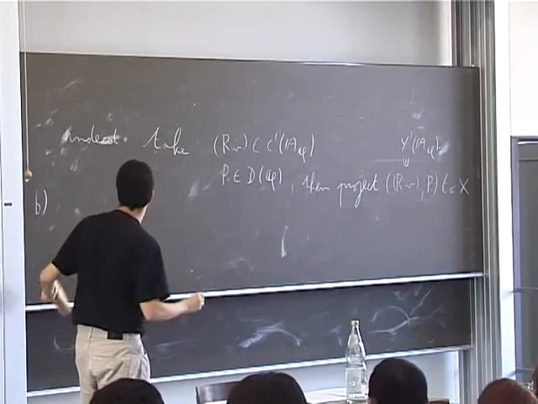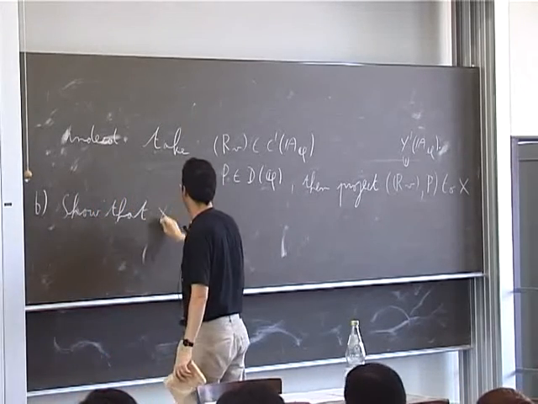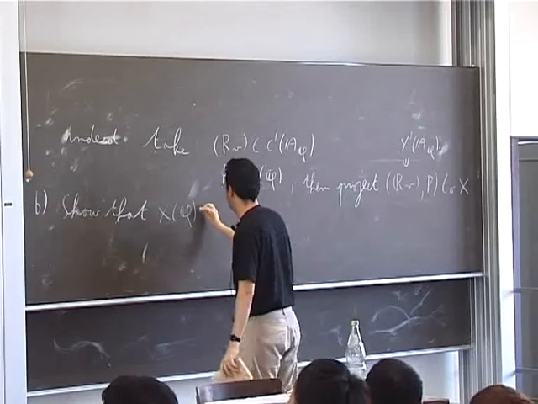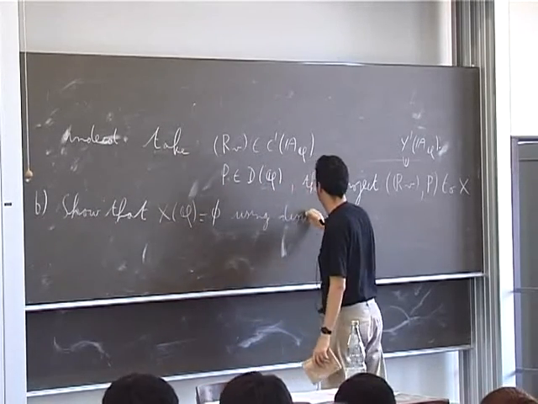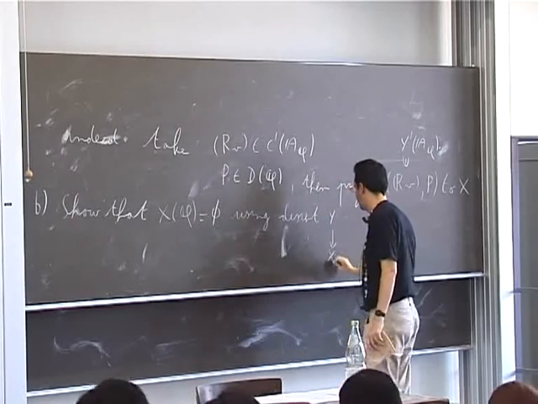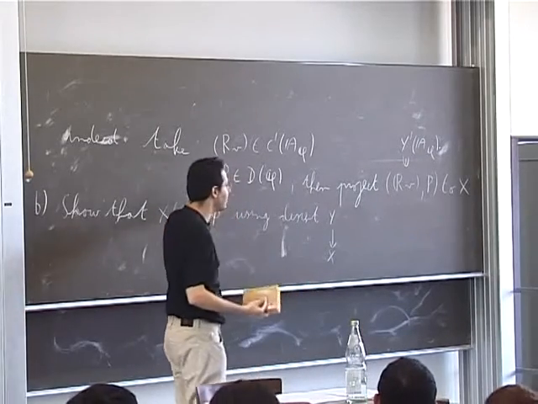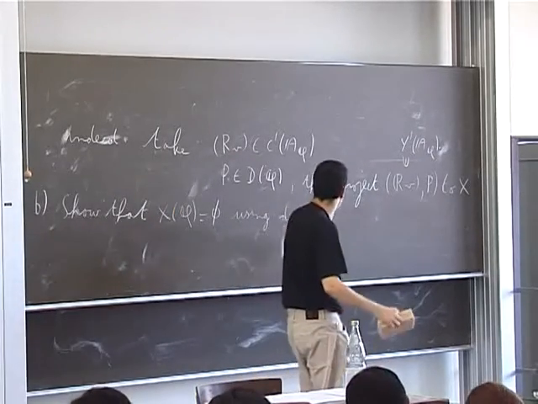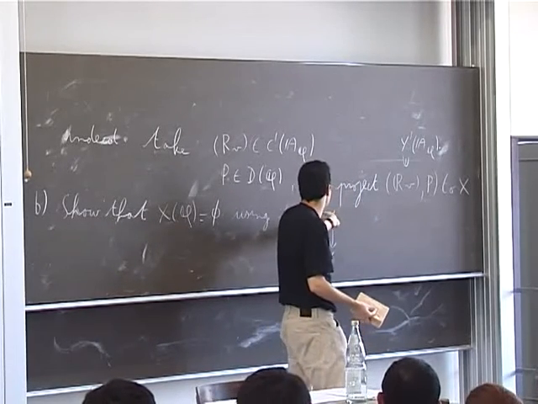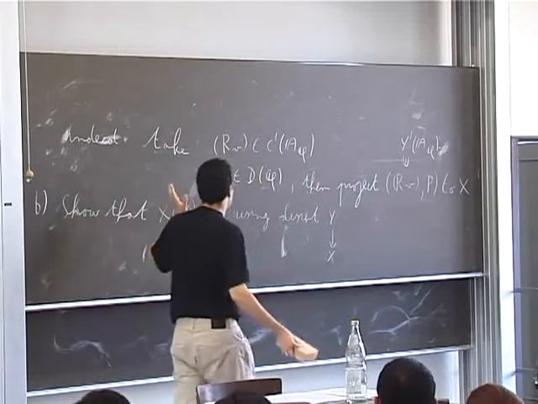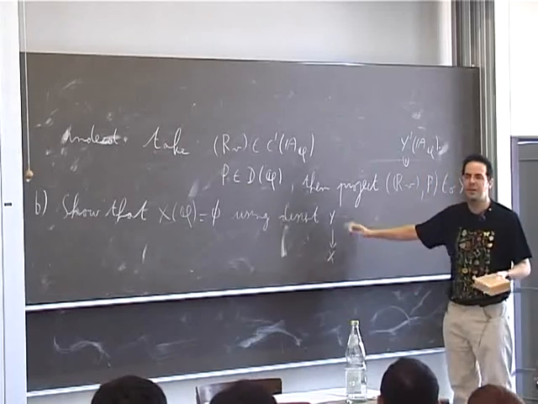And the second part is easier. You show that X(Q) is empty, just using descent from Y to X. Because if you remember the descent statement from yesterday, the set of rational points of X is obtained as the projection of the set of rational points on the various twisted torsors of Y. But in Skorobogatov's example, it's easy to check that only two twists have points everywhere locally, Y and one other twist.